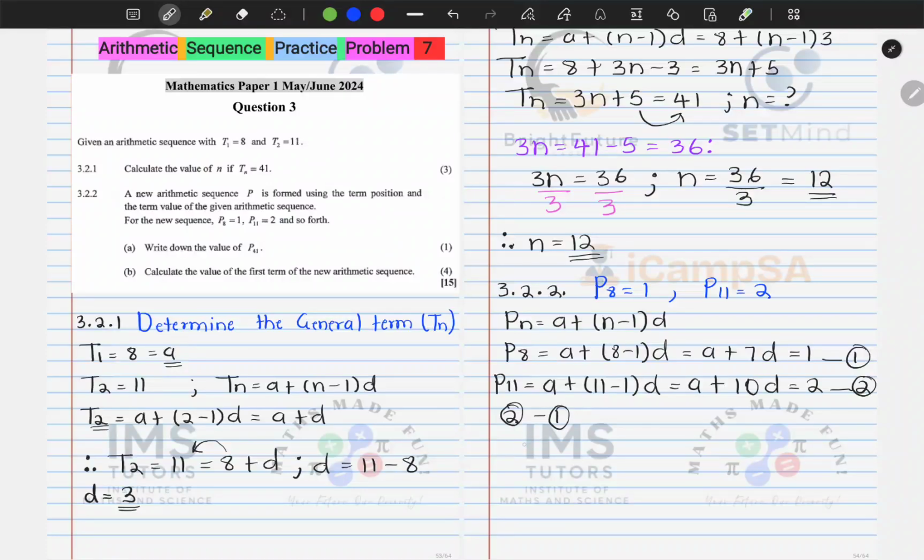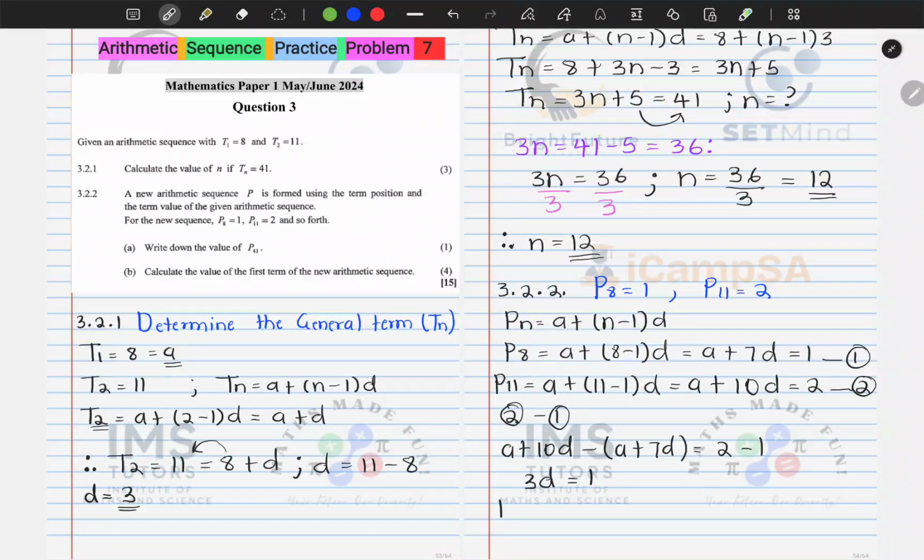What you should be able to see is that we'll have 10d minus 7d, or maybe let me write it in full to ensure that you do understand. So we have a plus 10d on the left hand side, minus a plus 7d, and this will be equal to 2 minus 1. So essentially, we'll have 3d equaling 1.